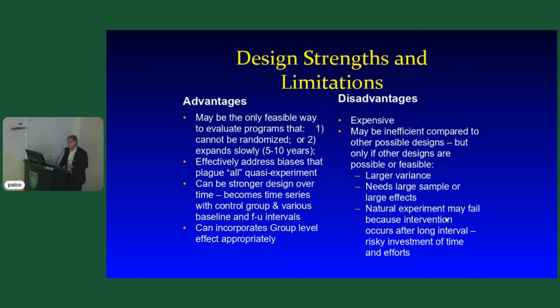Expensive: this is a disadvantage, may be inefficient compared to other possible designs. It can cost a lot. It cost $1 million reais, sorry. Back then the rate was about 1 to 3, so it would have been $300,000. That's pretty expensive.